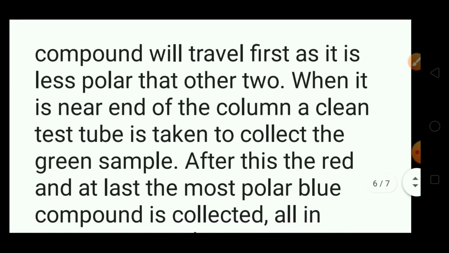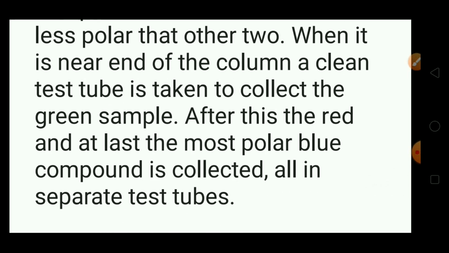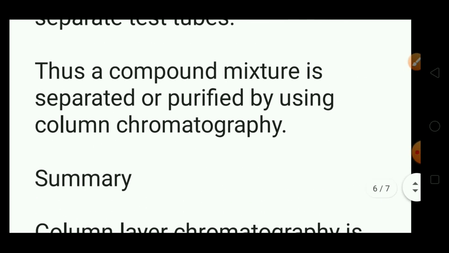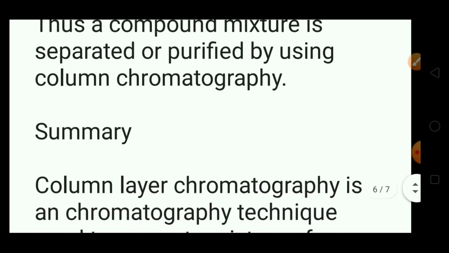When it is near the end of the column, a clean test tube is taken to collect the green sample. After this, the red and at last the most polar blue compound is collected, all in separate test tubes. Thus, a compound mixture is separated or purified by using column chromatography.